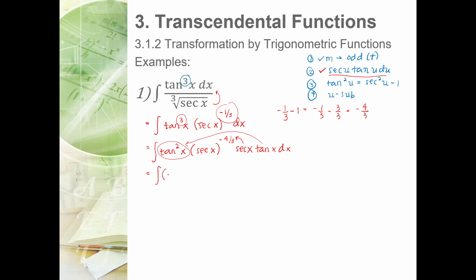So this one becomes secant squared x minus 1, times secant x to the negative 4/3, secant x tangent x dx. So distribute to each of the terms.